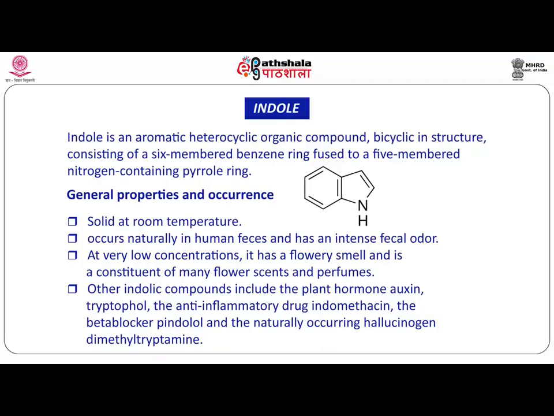What is indole? Indole is an aromatic heterocyclic organic compound, bicyclic in structure, consisting of a 6-membered benzene ring fused to a 5-membered nitrogen containing pyrrole ring. Indole is widely distributed in the natural environment and it can be produced by a variety of bacteria.